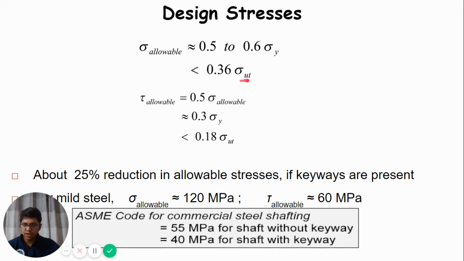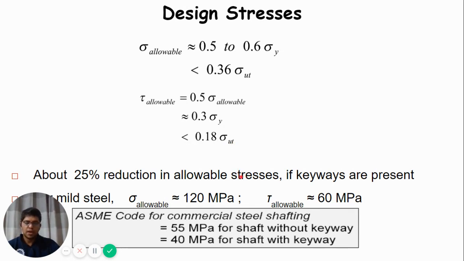And if we are using the ultimate tensile strength, it should be less than or equal to 0.36 times the ultimate tensile strength. And for the allowable shear stress, you can take 50% of the allowable normal stress, which is around 0.3 times the yield strength, or less than 0.18 times the ultimate tensile strength.